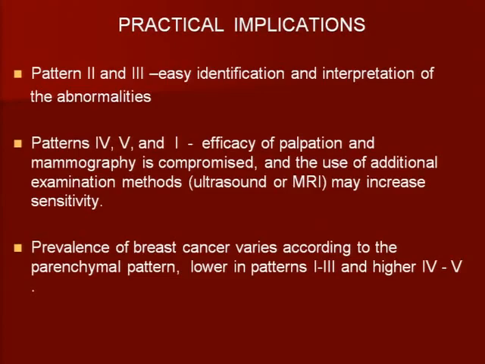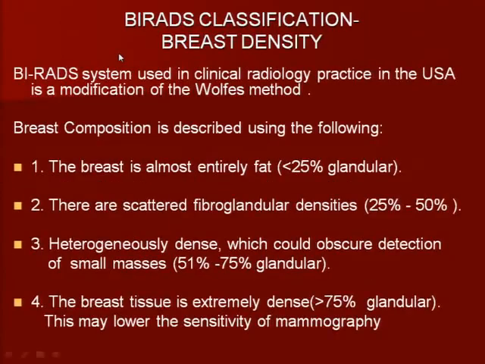Because you have either nodular densities or dense ground glass densities that will obscure the breast image. And cancer is higher in which tissue? Cancer is higher in denser breast tissue. So dense breasts are not very favorable. Whereas in fatty breasts, the chance of breast cancer is much lower. So your 1, 2 and 3 have a lower risk of breast cancer.